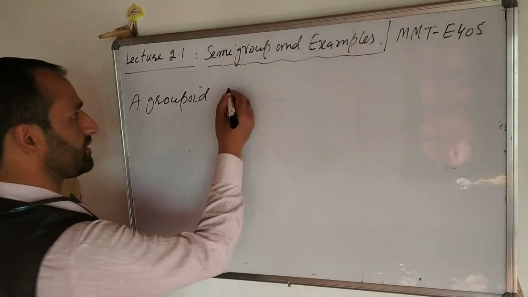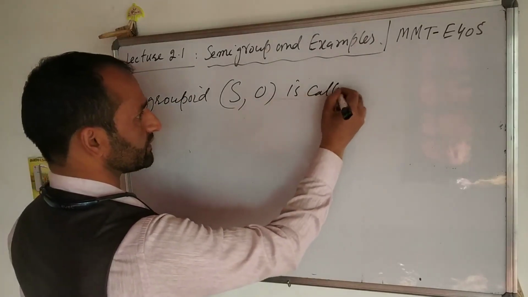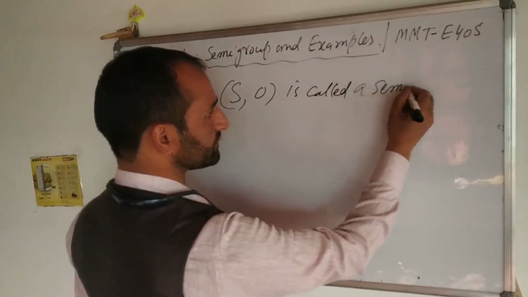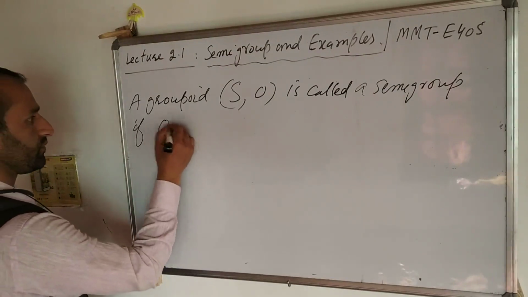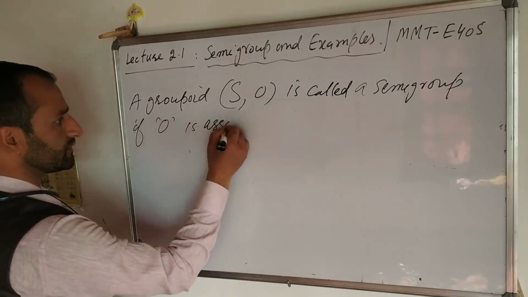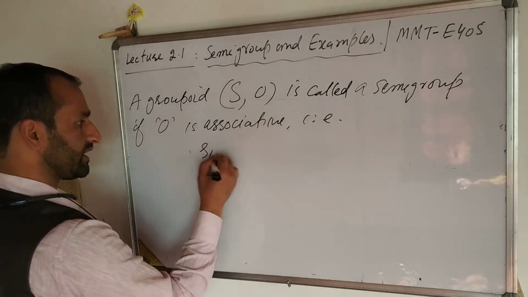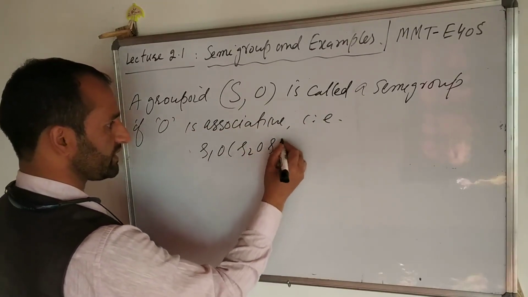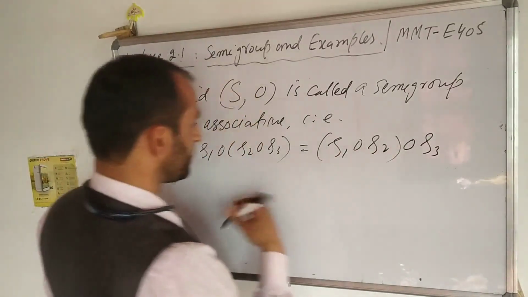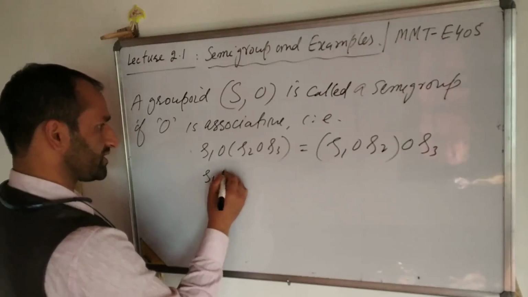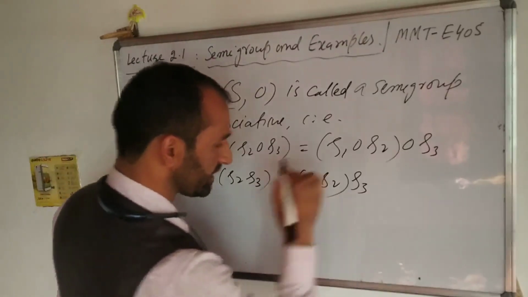A groupoid S with binary operation o is called a semigroup if the binary operation o is associative, that is, (s1 o s2) o s3 is the same as s1 o (s2 o s3), and in the multiplicative notation we have (s1 s2) s3 equal to s1 (s2 s3).